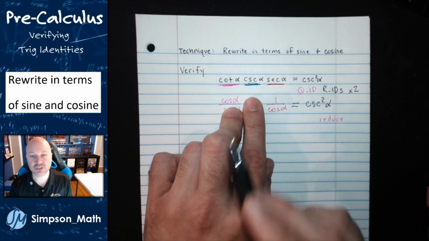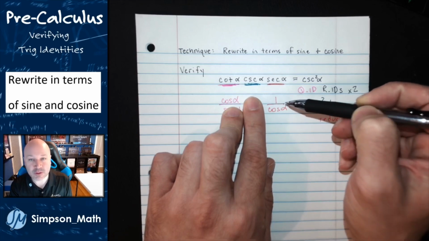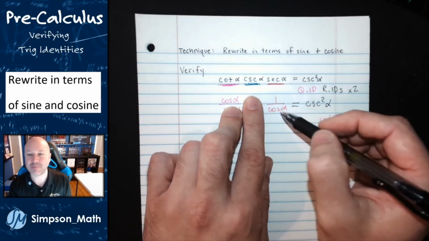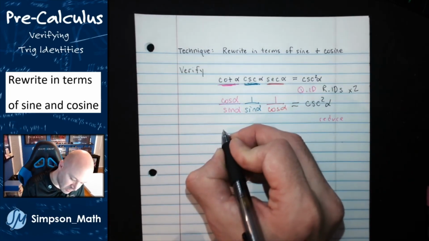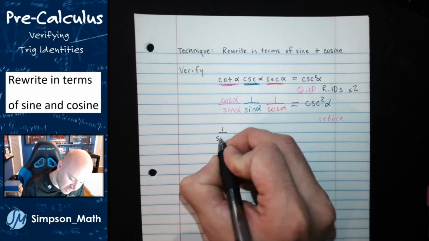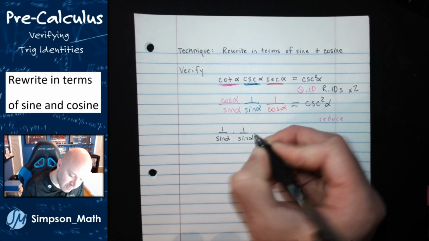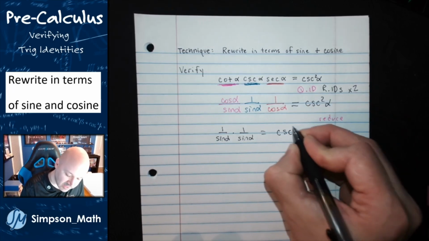You could also call this a division. You could say cosine and its reciprocal. When you multiply something by its reciprocal, it always goes to 1. But I'm going to make the switch now. This is 1 over sine alpha times 1 over sine alpha equals, bring down the equal sign, bring down the right-hand side of the equation.